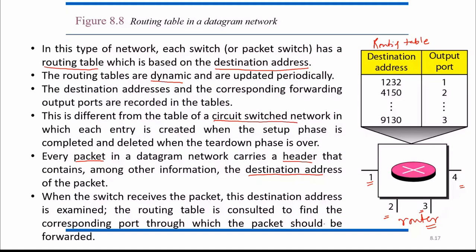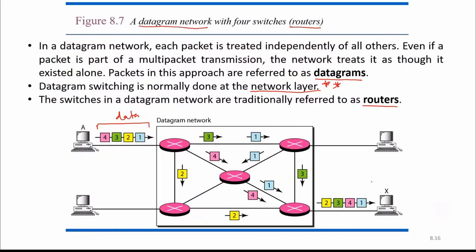Which packet will be forwarded to which router, or through which port of the router, depends on the routing table. Each router has a routing table, and which direction the packet should go is given by the routing table content, based on the destination address.